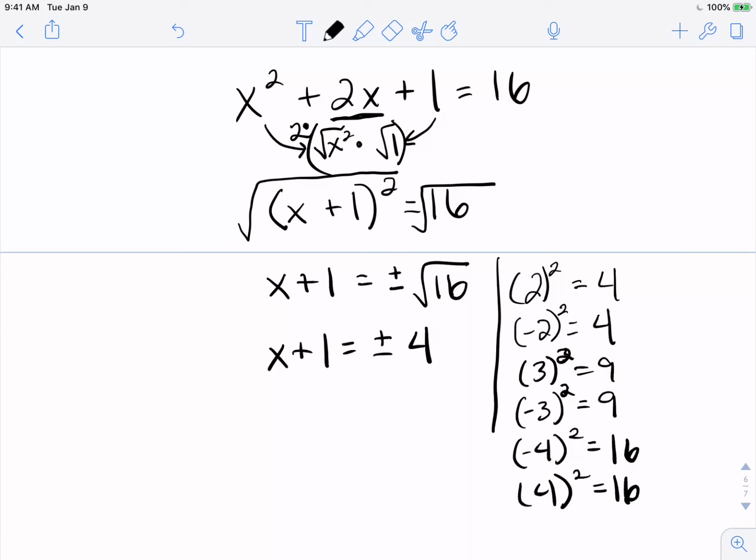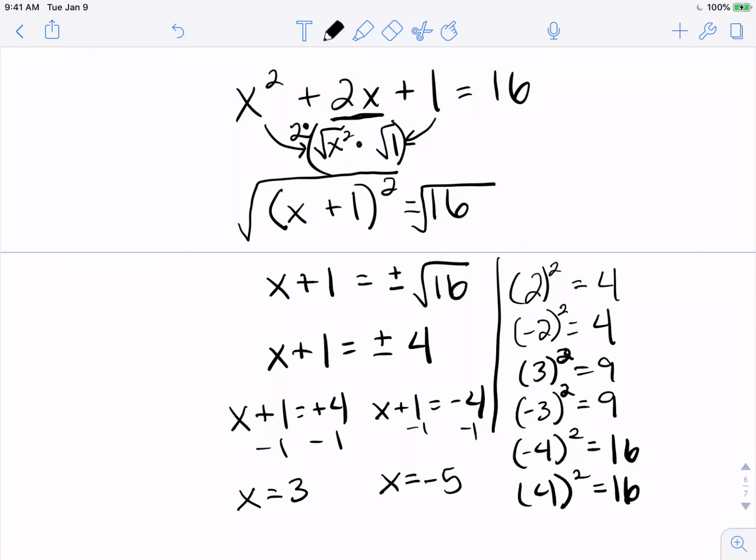So if you leave that plus or minus, you can then say, okay, x plus 1 equals positive 4, x plus 1 equals negative 4. Solve for x, subtract 1 from both sides, x equals 3, x equals negative 5. And there are your two solutions.